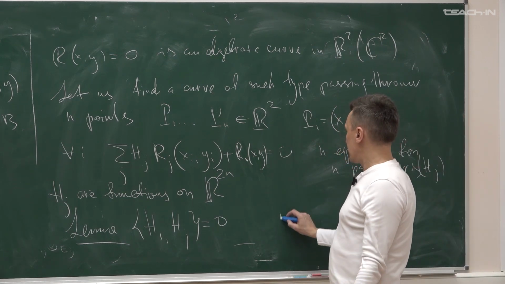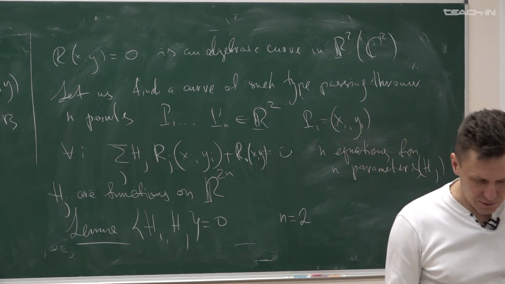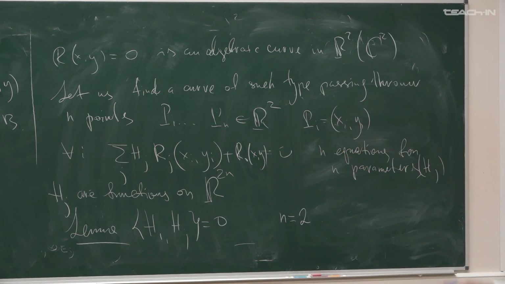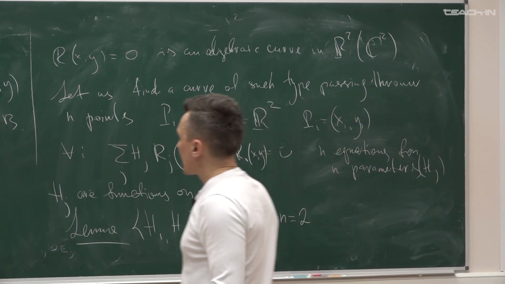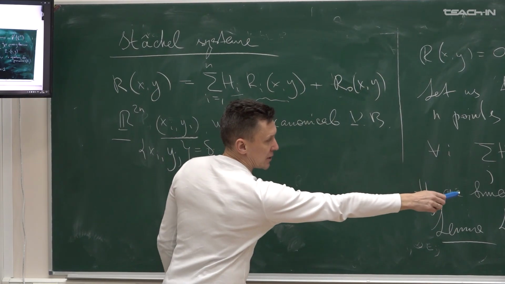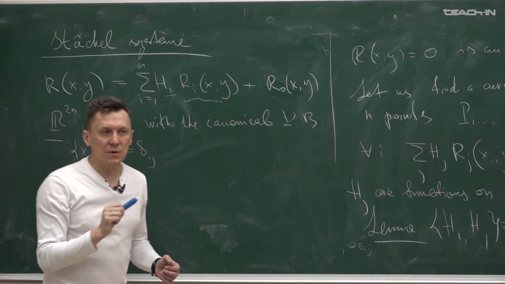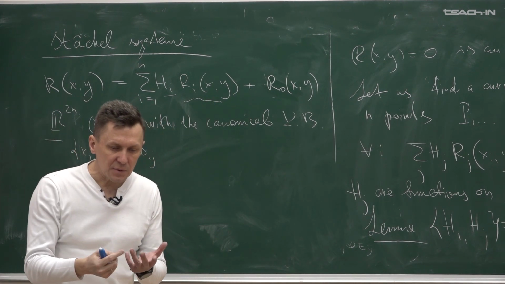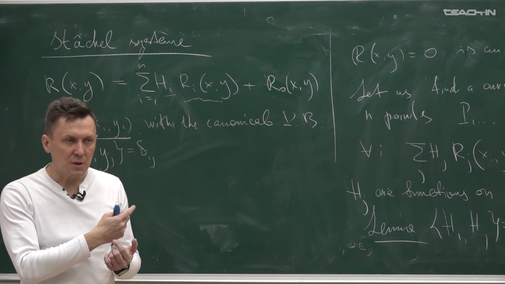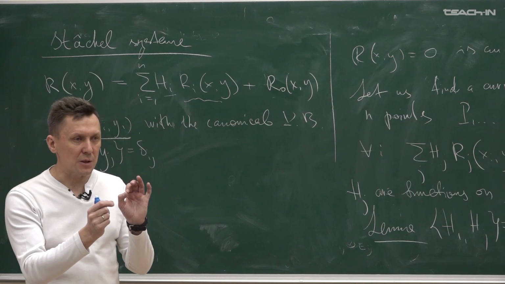The simplest way is n equal to 2, just to choose generic polynomials in two variables. So you see, all depends on the choice. For n equal to 2, we need the choice of free polynomials. Free polynomials describe the dependence of Hamiltonians on n points on the spectral curve.